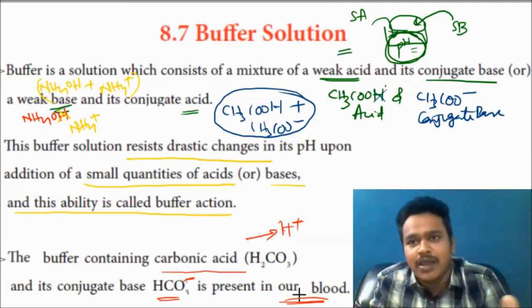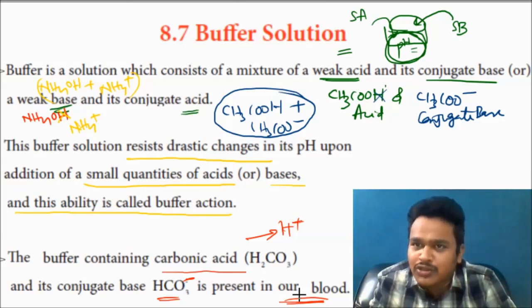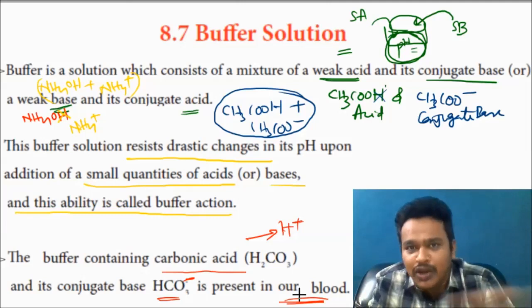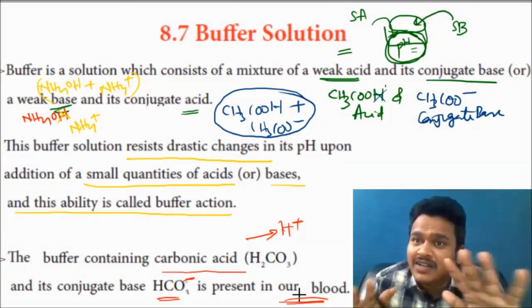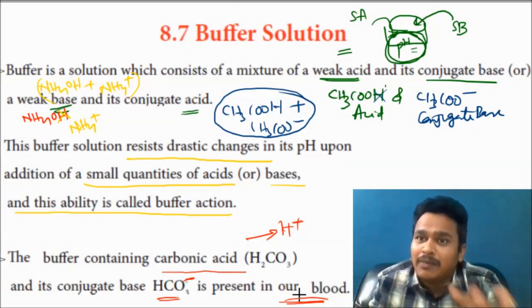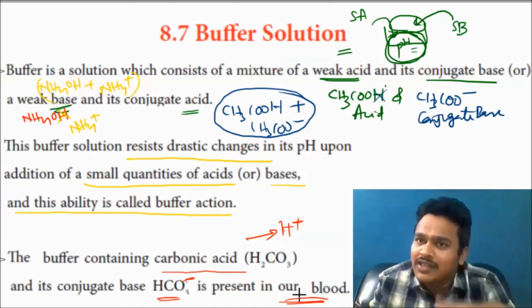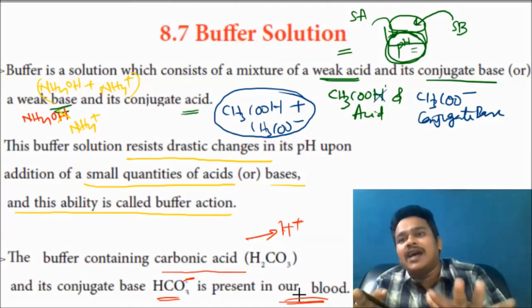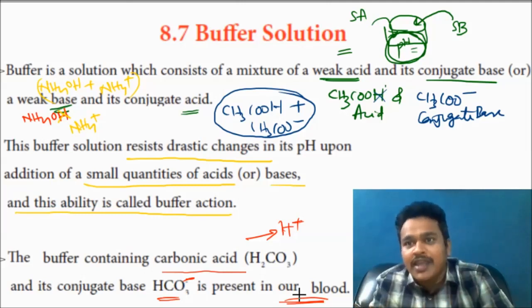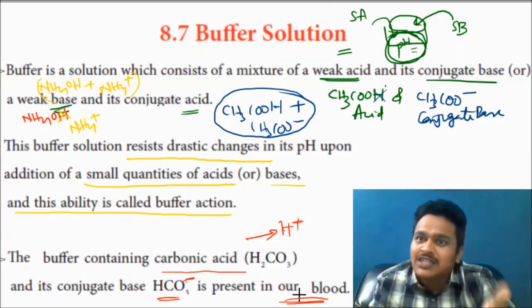After some time your pain is going to reduce, your fever is going to reduce even after taking medicine, because in our blood, buffer solutions are there. They can maintain the pH of our body constantly. That is why we are fine even after taking a large quantity of medicine.